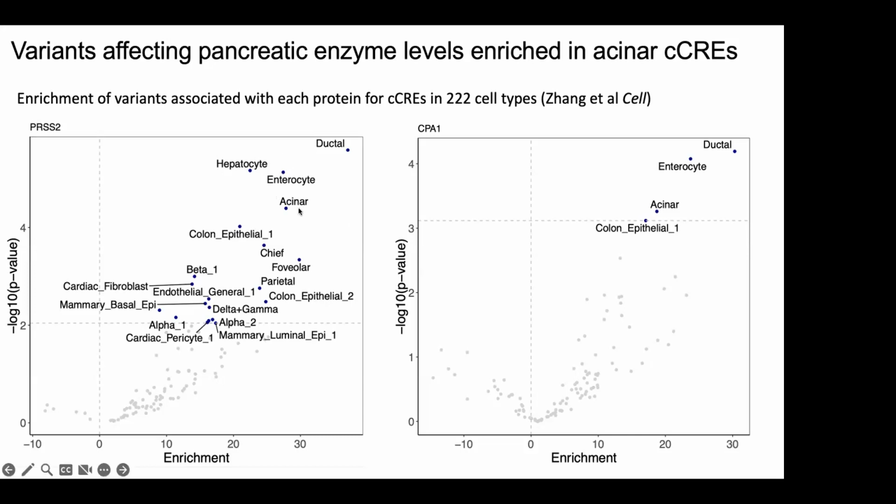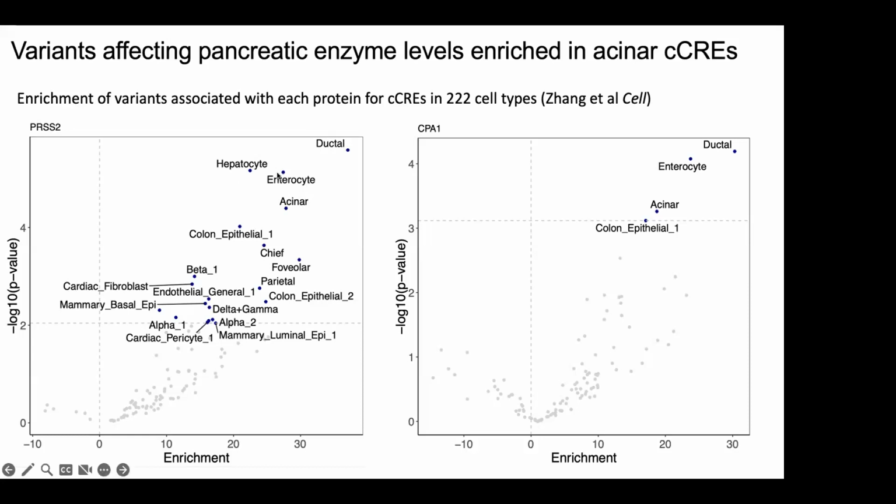And so we do find some enrichment for these variants in regulatory elements active in acinar cells, but we also find ductal cells as well, which may make sense because ductal cells are helping these enzymes pass through into the gut. And we also find evidence for cells in the gut themselves. So these are probably all cell types that are modulating the levels of pancreatic enzymes as they're produced by acinar cells, make their way through the pancreas into the gut, and then are further processed, okay?